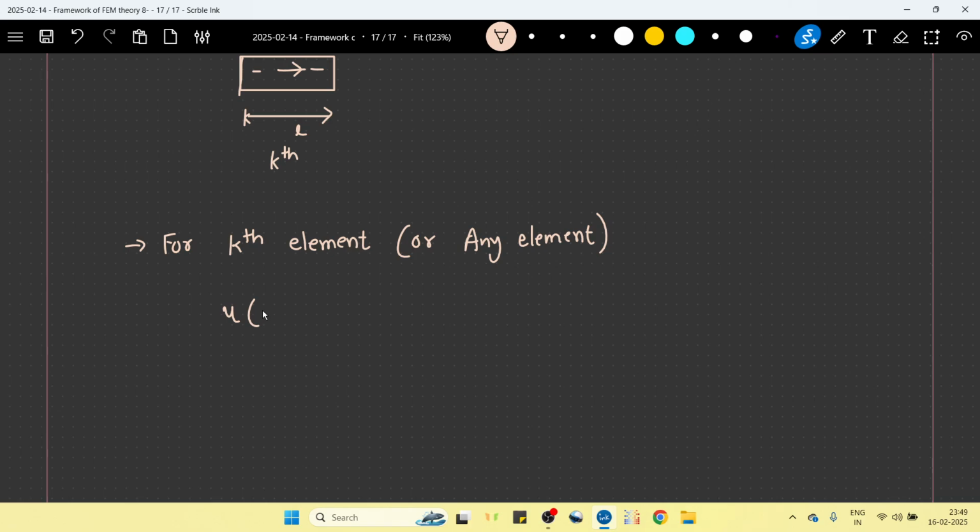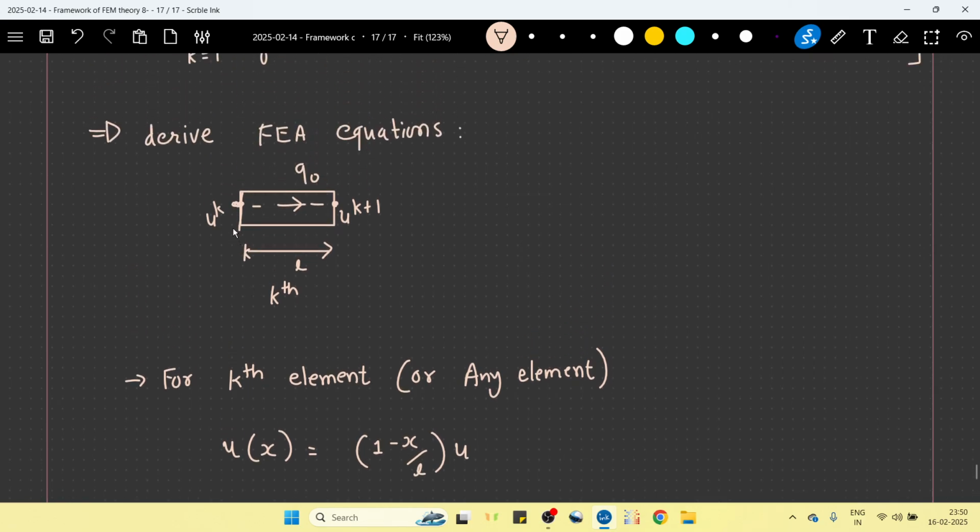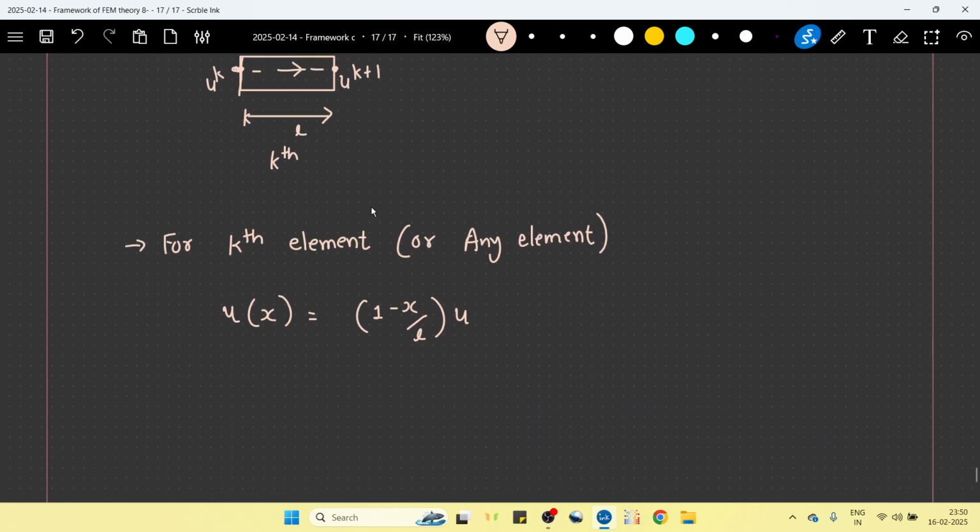shape functions. So u of x is equal to (1 minus x by l) u. So this is the kth node, and this will become the (k plus 1)th node. So displacement at the kth node is uk, and the next node is uk plus 1.